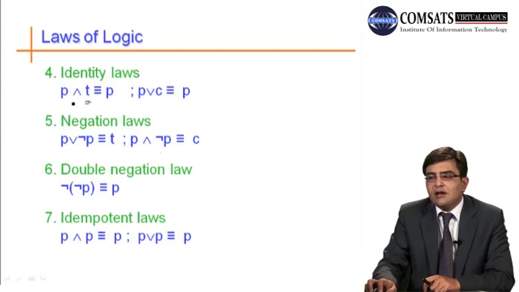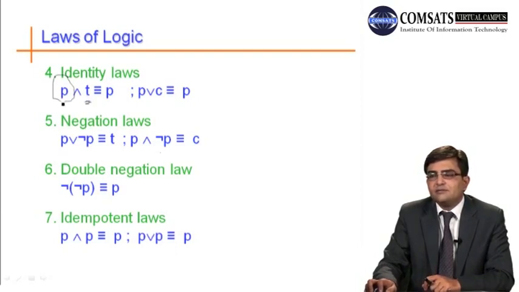Therefore, the conjunction of P and T will always depend on the truth value of P. If P is true, then T is always true, so this conjunction is true.